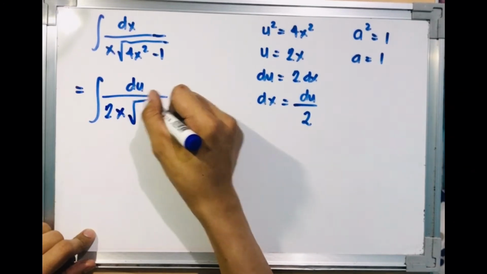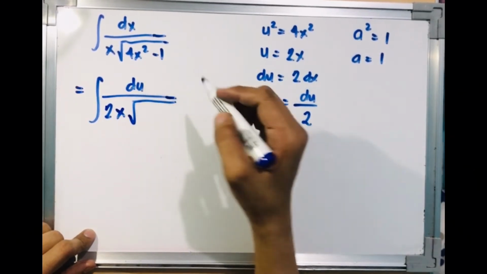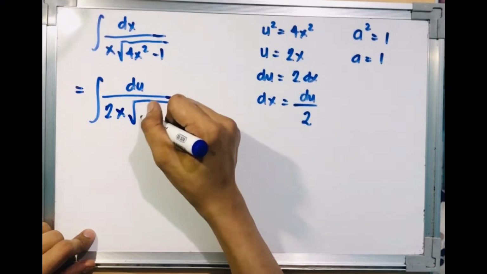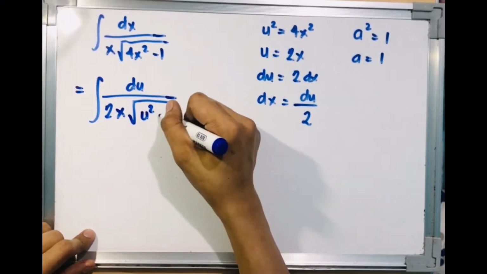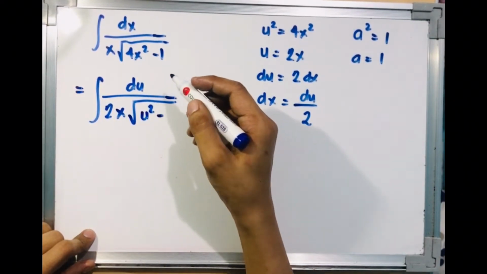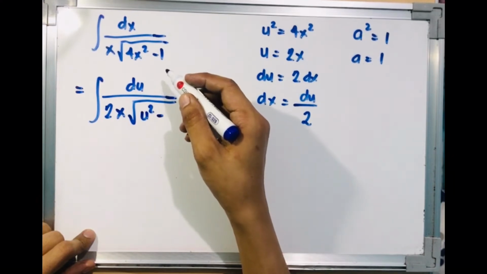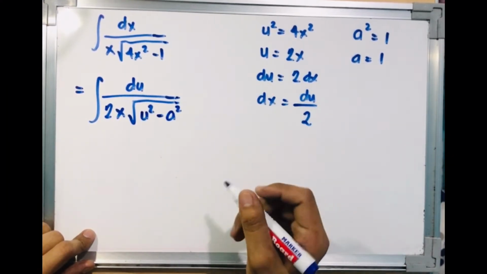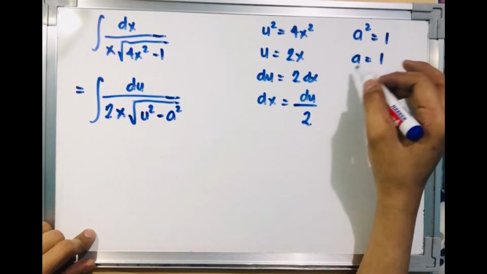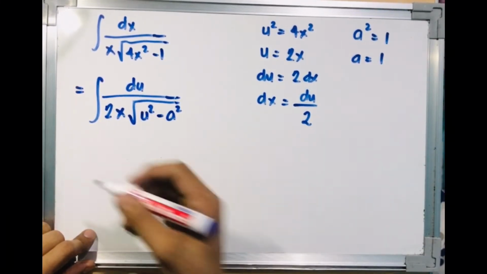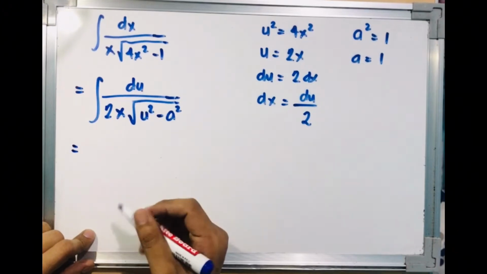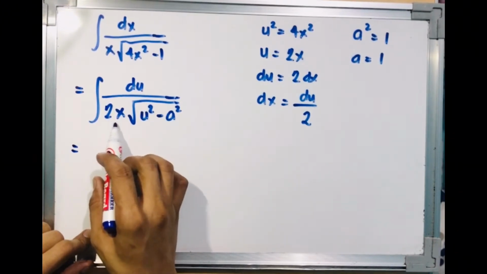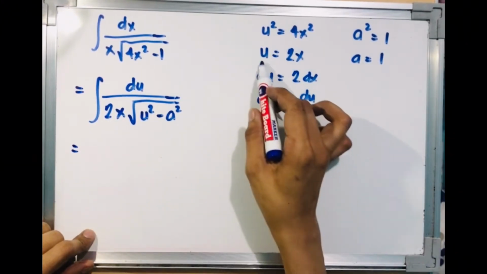And that's the square root of 4x squared, that is my u squared. And what is my a squared? Or 1, that's my a squared. Okay? Baka malito kayo na ang a squared mo at saka a mo ay parehas lang yung value kasi 1 lang yung sagot. So, kung makikita nyo, you have your 2x here, which is your u.